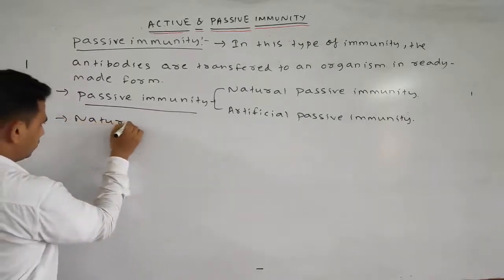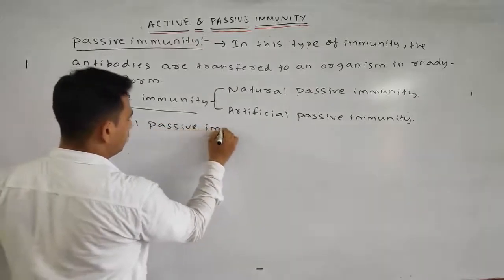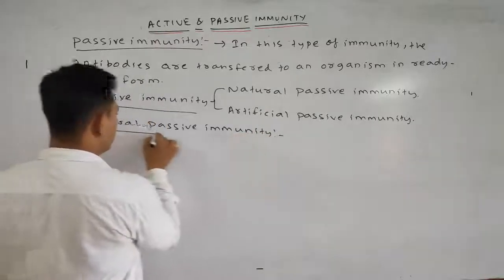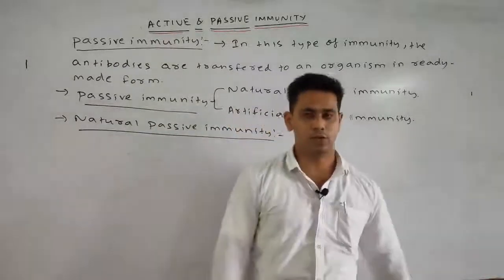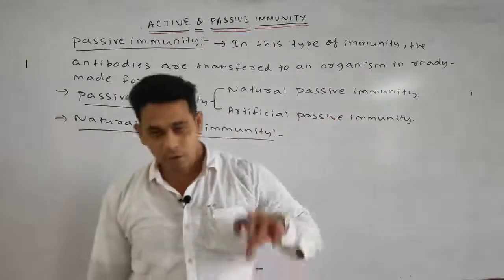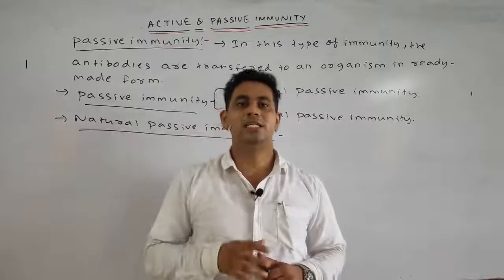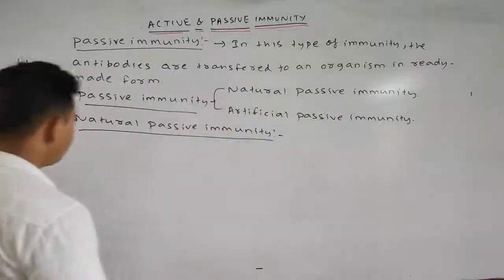Natural passive immunity. Okay, so if we take the case of the natural passive immunity, from the mother the fetus gets the IgG antibody by crossing the placenta barrier.